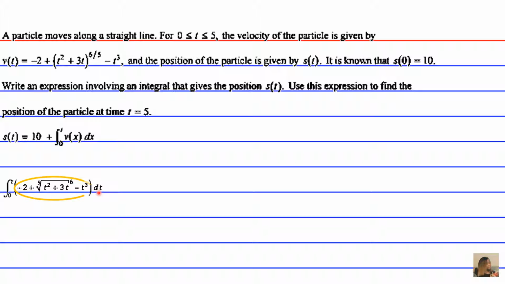So we're going to input this integrand again, but this time our lower limit is 0 and our upper limit is 5. And just remember, don't write out v of x in your calculator. This is the function you're writing out, this function here, okay?